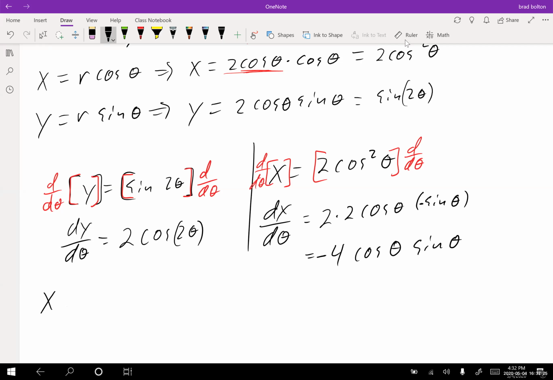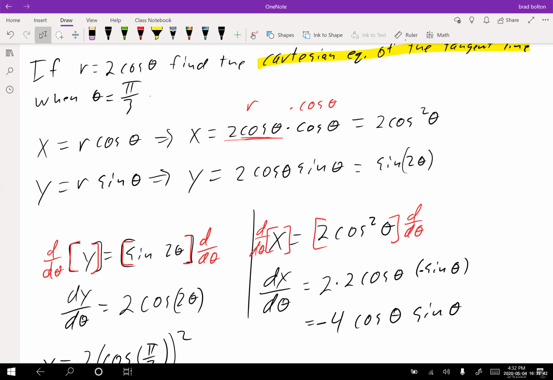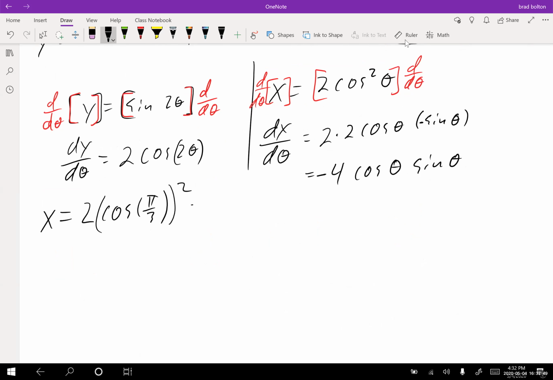So x is equal to 2 times the cosine of pi thirds, squared, right? Because we said that that's x and that is y. So all I did was plug pi thirds in, and the cosine of pi thirds would be 1/2, and 1/2 squared is 1/4, and 1/4 times 2 is 1/2, okay?